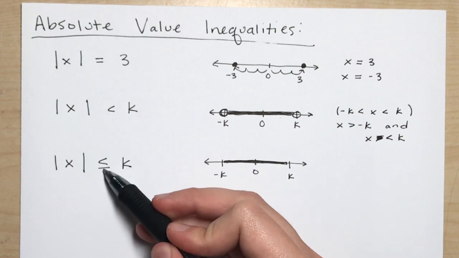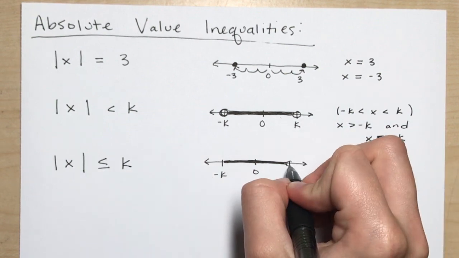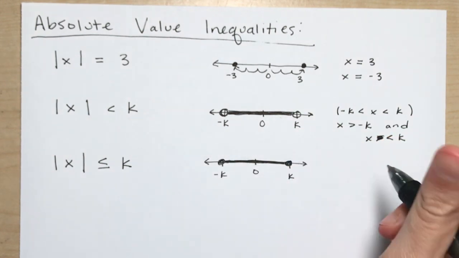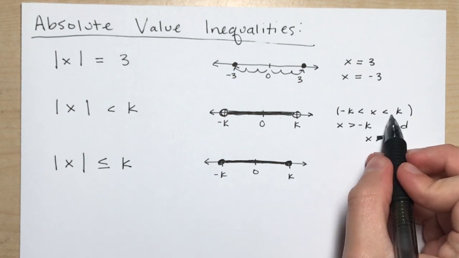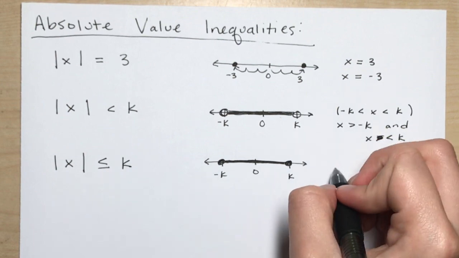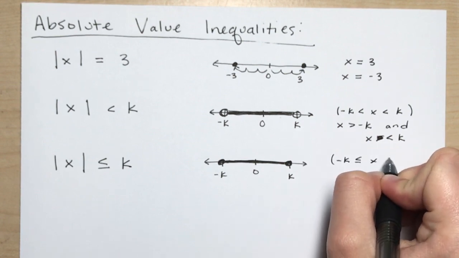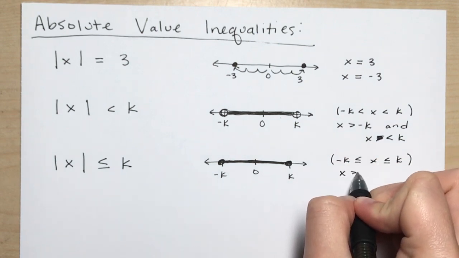We want to include it. Something that has a distance equal to k is included. So we've got closed points here now. And all that does is change the signs to be little equal to's also. So -k is less than or equal to all this.